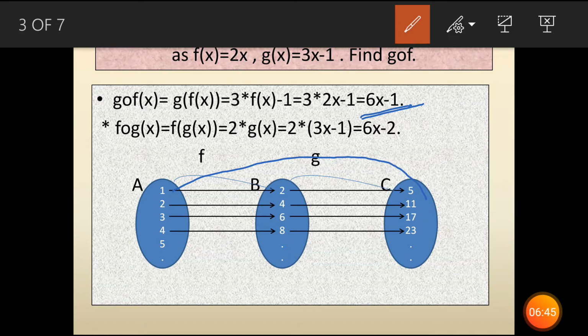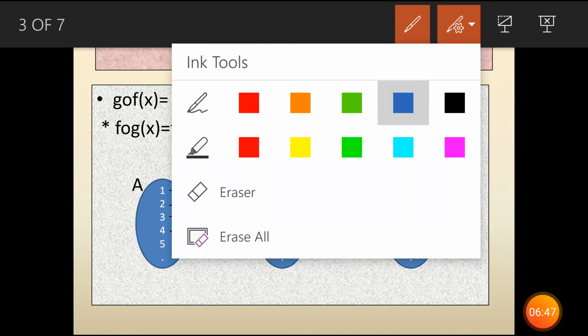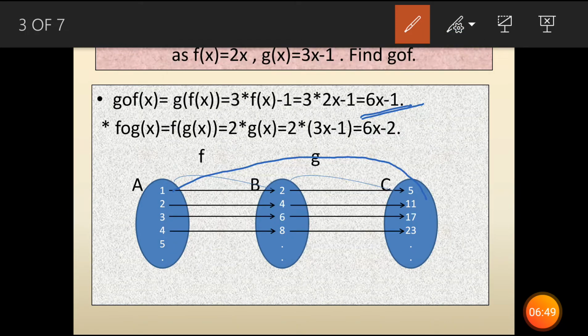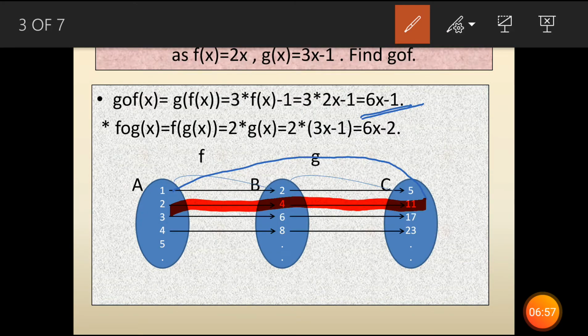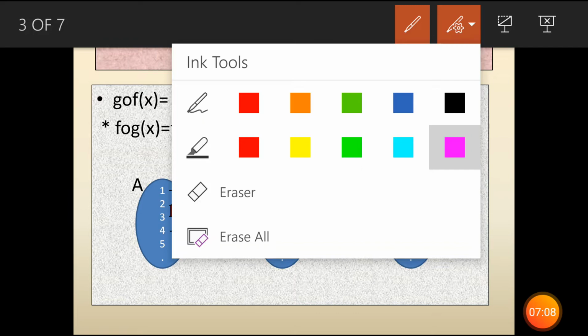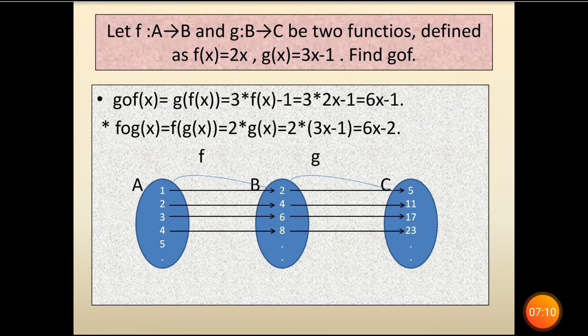Now put 2: 6 times 2 is 12, minus 1, that is 11. So the image of 2 is 11. Now the third one, 3: 6 times 3 is 18, minus 1, that is 17. So the image of 3 will be 17. So we get the similar result. Now we are going to see another example, which is also part of your exercise.